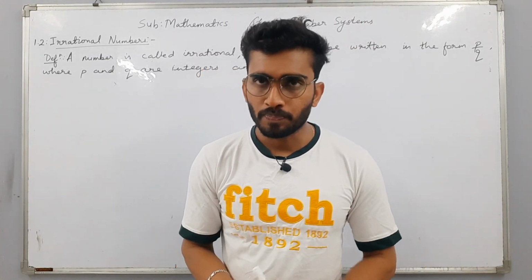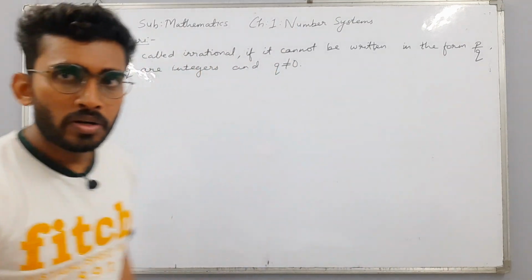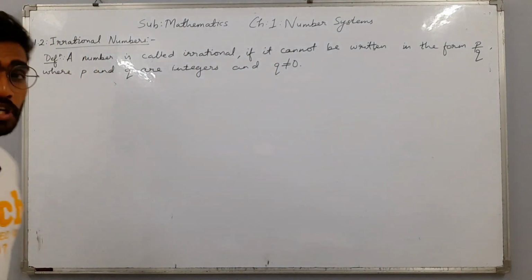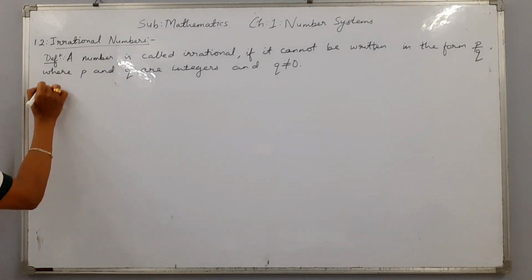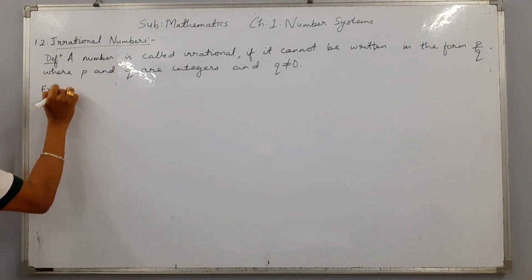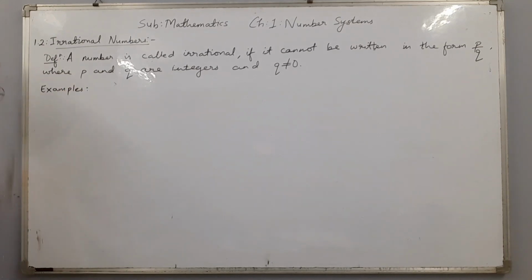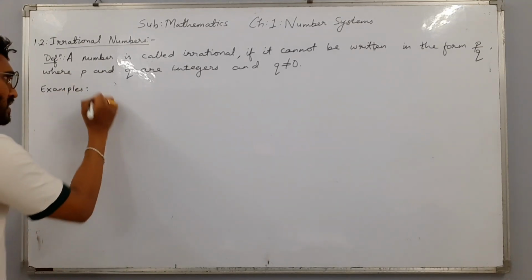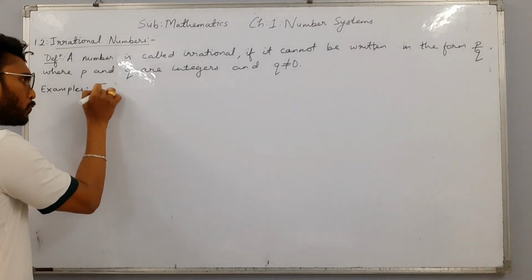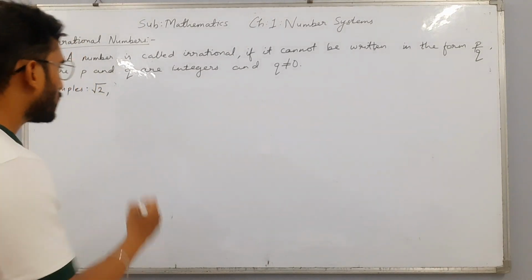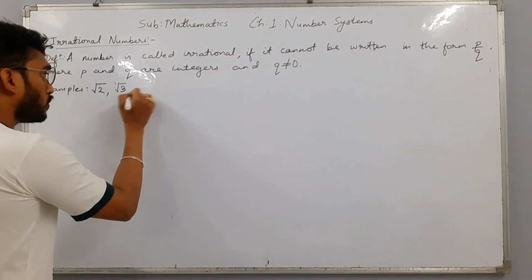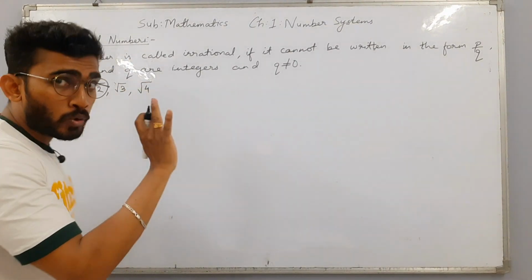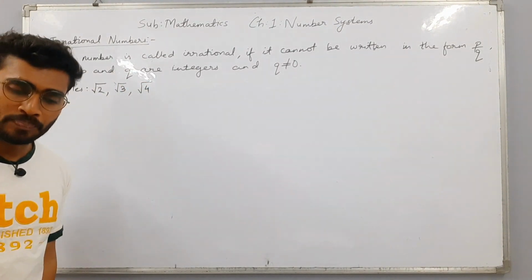Take out your notebook and your pen and note down the definition written on the board for irrational numbers, and then we note down some examples. Examples are root 2, an irrational number, and root 3, an irrational number. Root 4, no, it is not an irrational number.